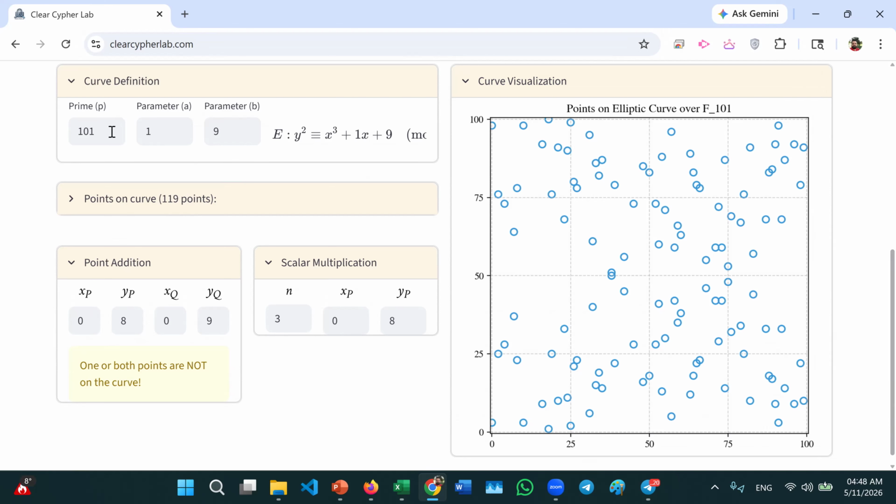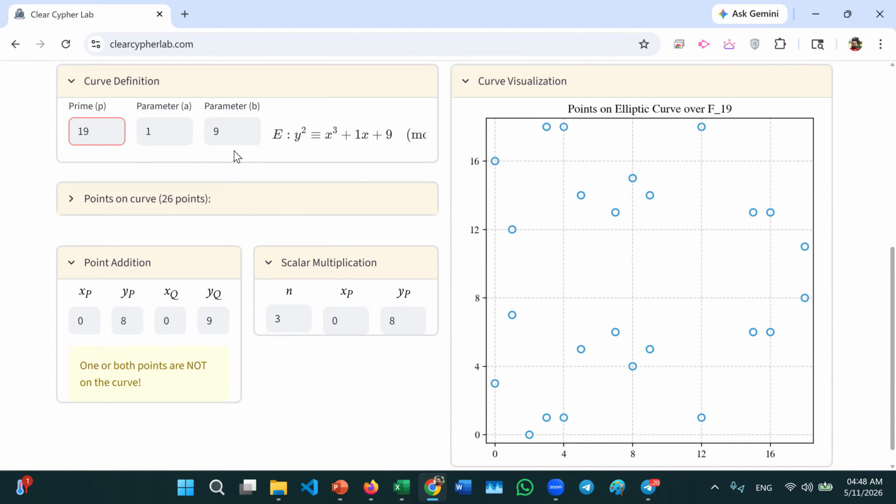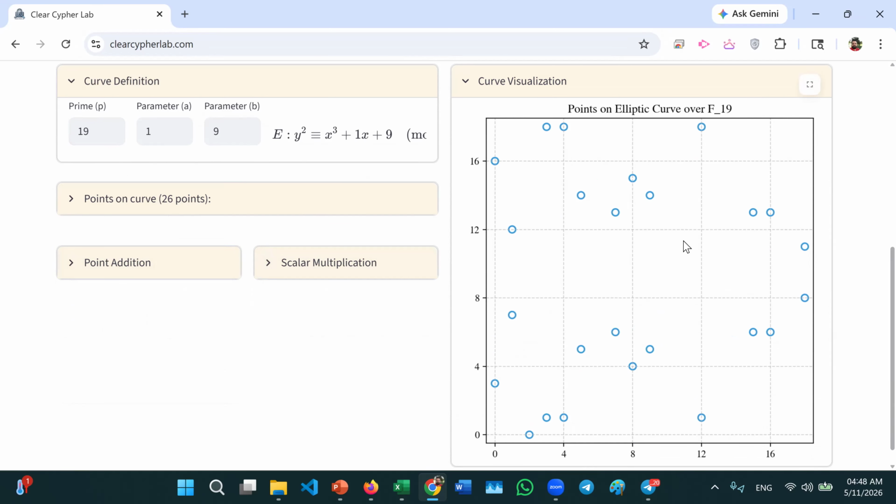So let's see other values for p, for instance, maybe 19. If you put 19, then we see that the valid points are computed here. Let's enter another big value, like maybe 3, 5, 7, or maybe it is not prime.